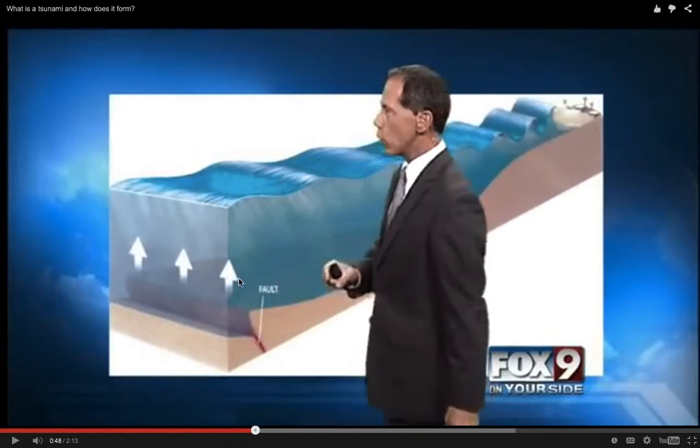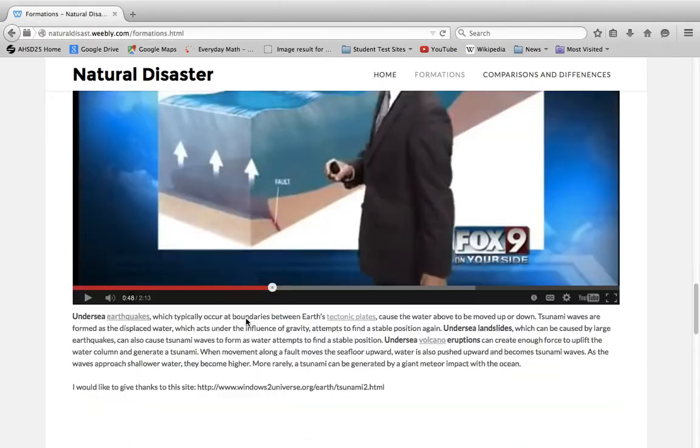When one tectonic plate cracks, the sandbar right here, or the Earth, moves down a couple hundred feet, and that pushes up the waves. Then as you can see, they start creating waves. When they get to shallow water, they start becoming bigger and bigger. Then it smashes on the cities. So that is how a tsunami is formed.